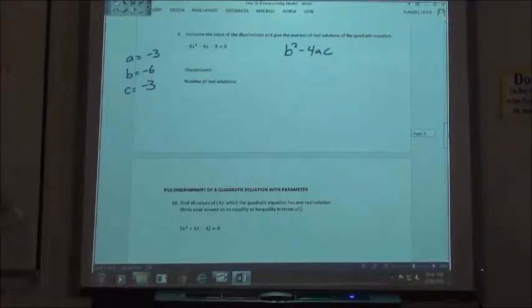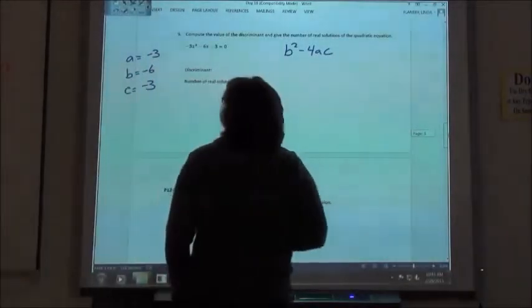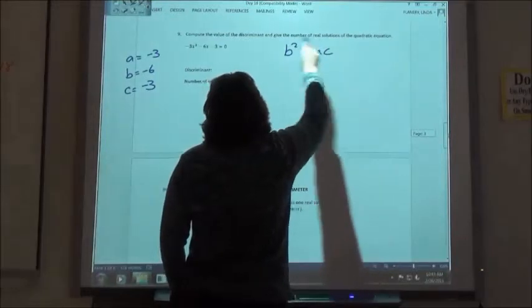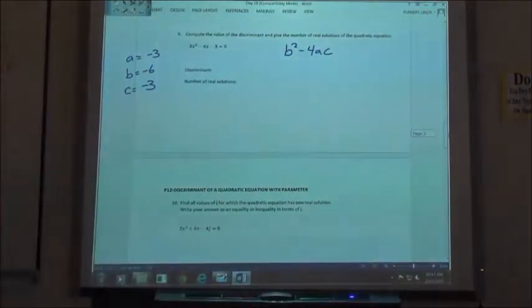Are you going to have a minus and the parentheses negative 3? No, I'm just doing this part of it. Right? I'm just doing the discriminant, not the whole quadratic formula.